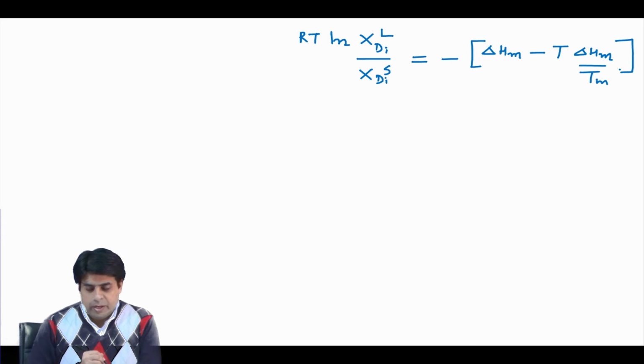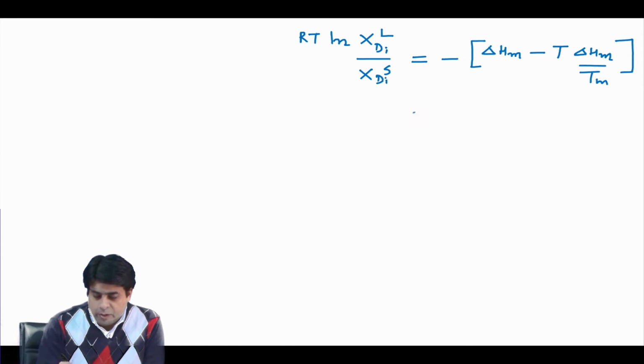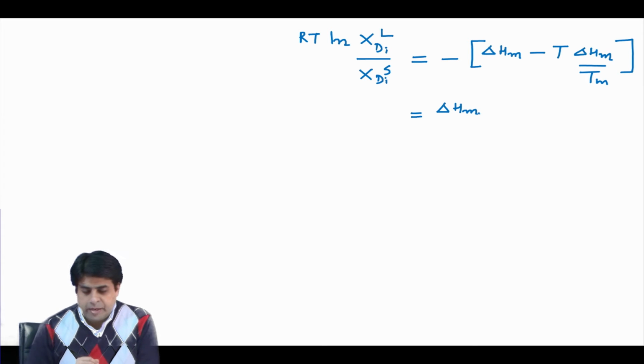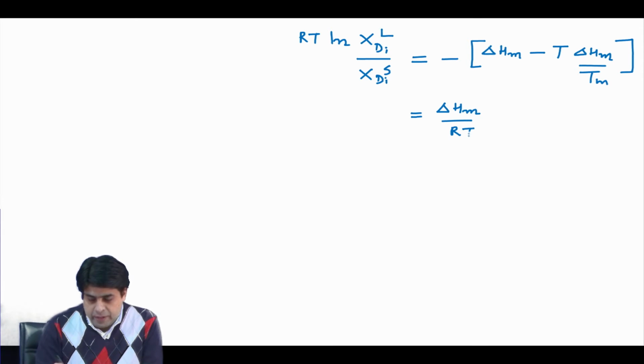So, now if we take your H m outside this bracket, so what will happen? We can take delta H m outside this bracket and we can put this R T at the denominator.